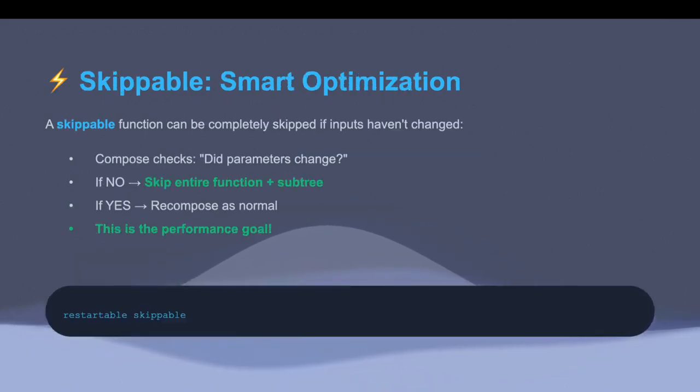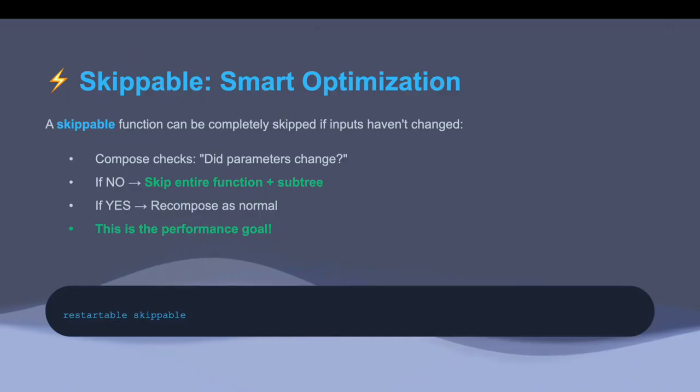What is skippable and how is it different from restartable? Skippable, basically we call it smart optimization. Skippable means skip as much as possible. Whenever possible, just skip it. Maybe we have a composable function that we are highlighting, B, and its parent is A, with B inside A. So when A recomposes, B will also recompose.